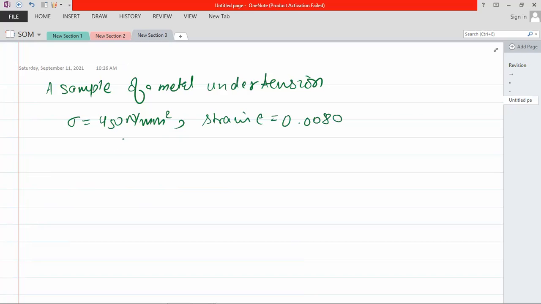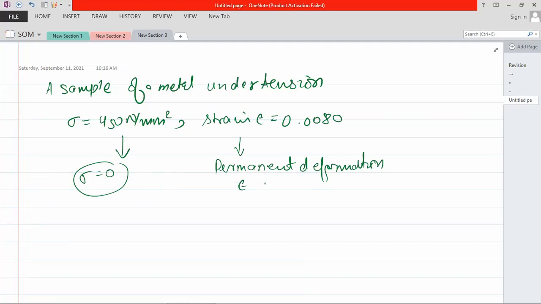On the removal of this stress, meaning when sigma becomes 0, there is a permanent deformation, and its value is epsilon permanent, 0.0015. Then we have to find the modulus of elasticity for that metal.